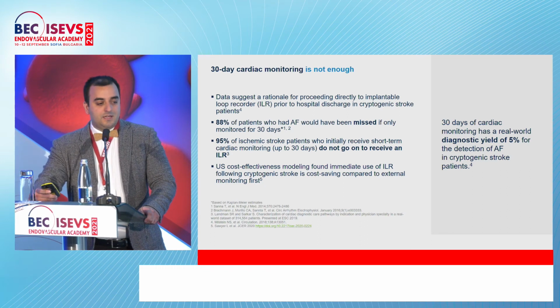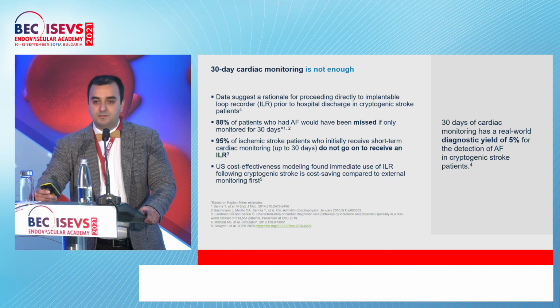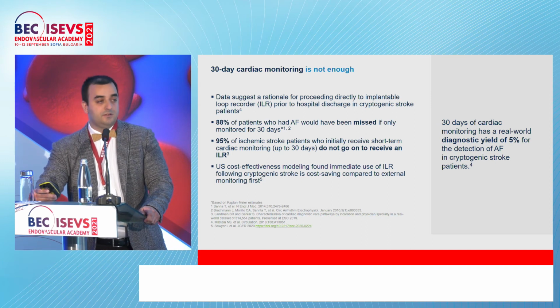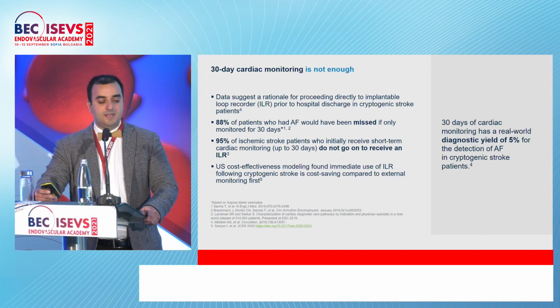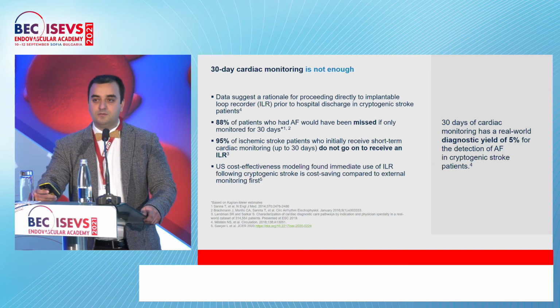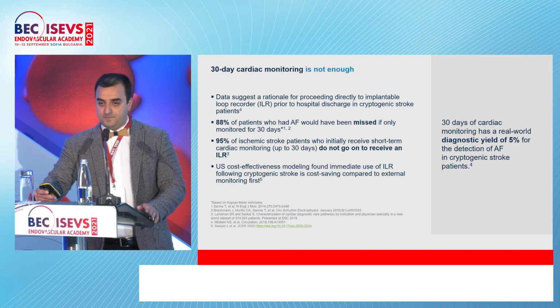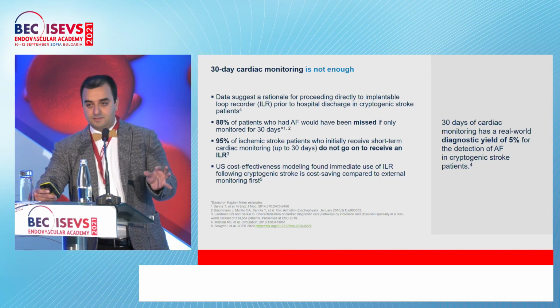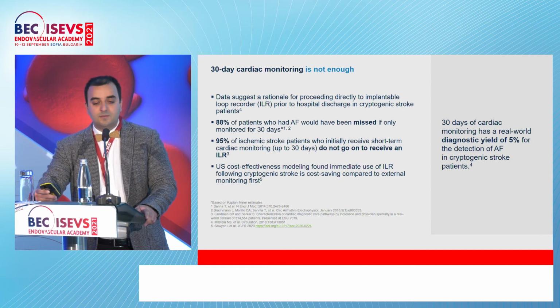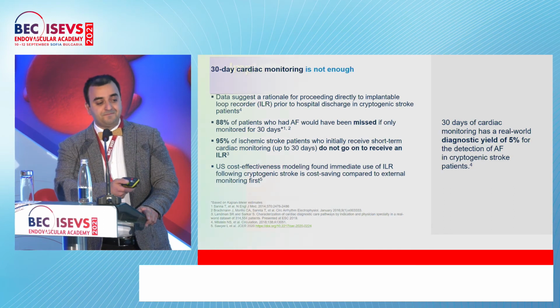Is 30 days enough to find our patient with atrial fibrillation and the reason for the cryptogenic stroke? The answer is short, no, because we have huge data about this, and at day 30 of the cardiac monitoring, in real-world diagnostics, we detect only 5% of the atrial fibrillation in a cryptogenic stroke patient.